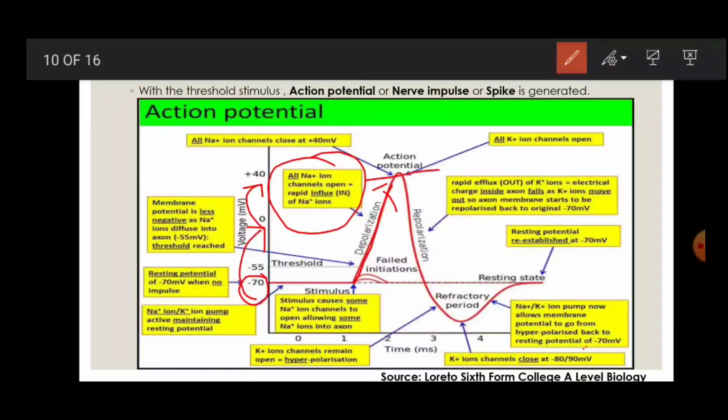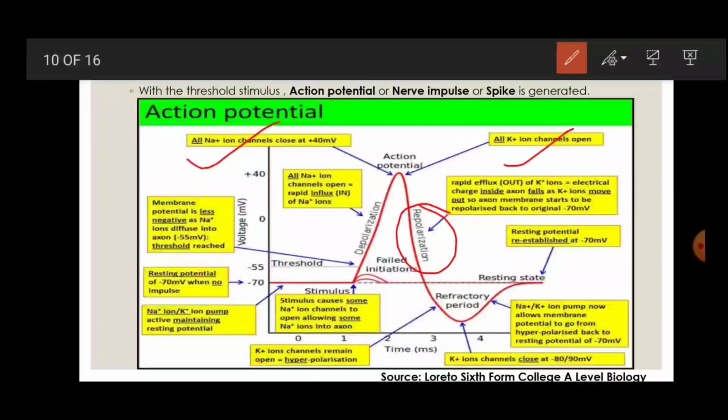At plus 40 or plus 30 millivolt, all the sodium channels close and the potassium voltage gated channels open, and this leads to the efflux, meaning outflow, of potassium to the outside, leading to the repolarization of the membrane.